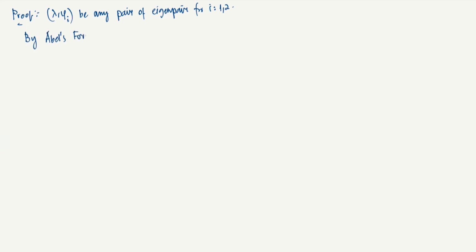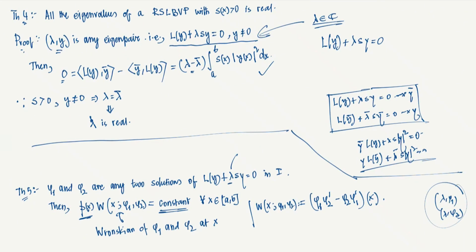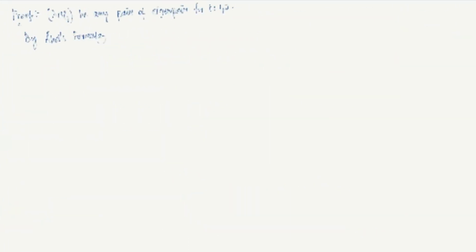What does it say? It says that p(x) times the Wronskian, and lambda is the same. So from Abel's formula, p(x) times the Wronskian of phi1 and phi2 at the point x is going to be constant.